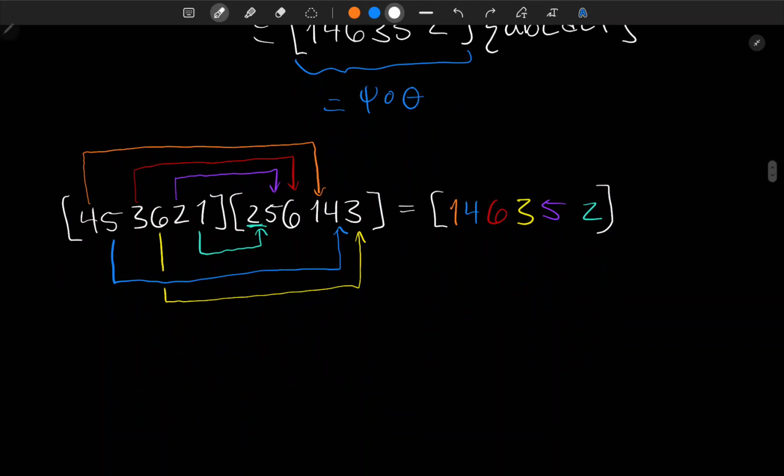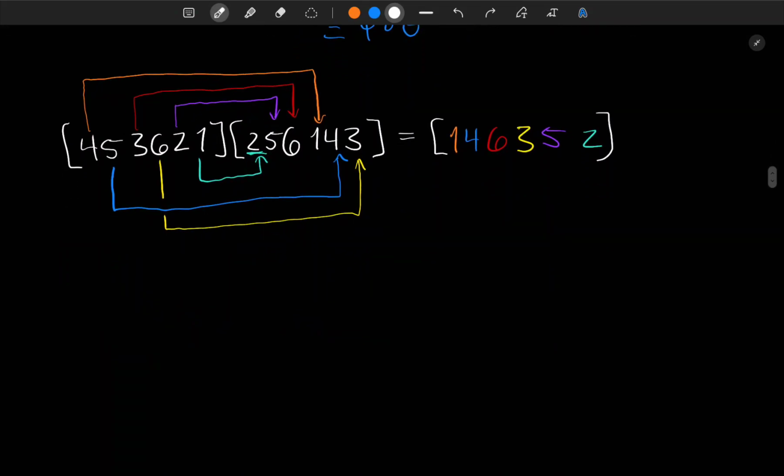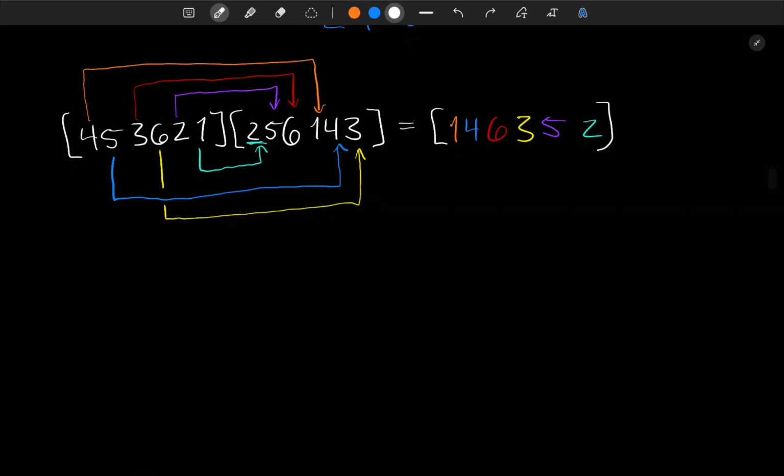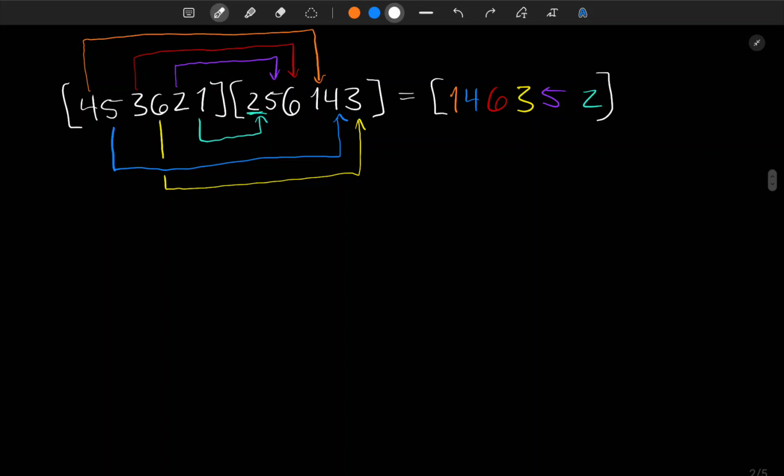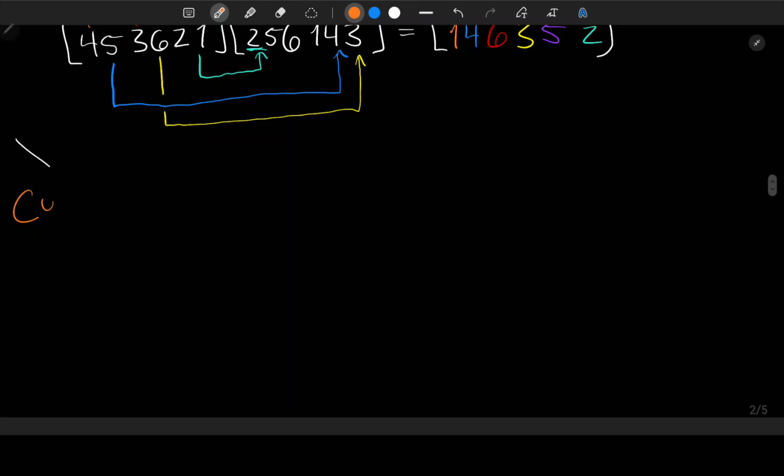And multiplication is also a little bit tedious. For larger groups and for more elements in your permutation group, this can get very complicated and tedious. So instead, we consider cycle notation.